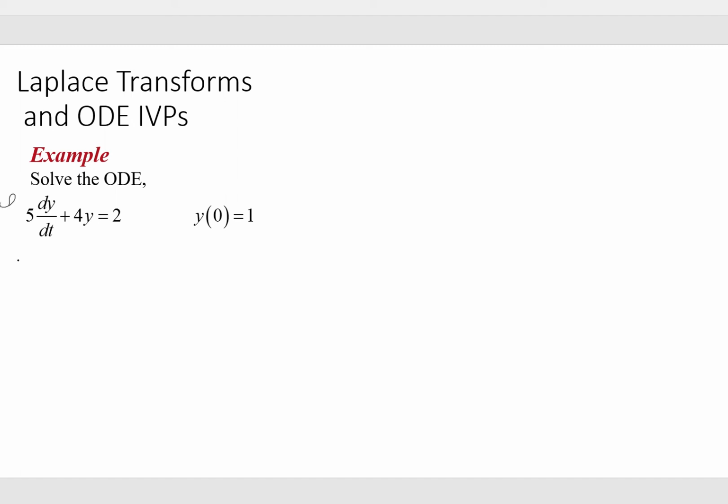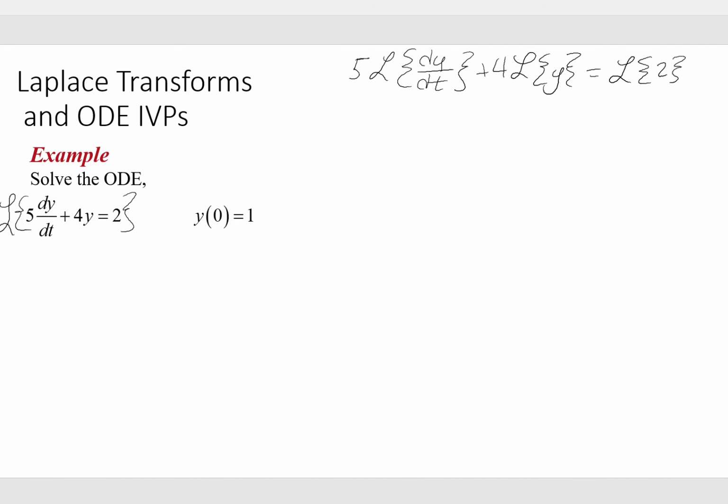We'll take the Laplace transform of this whole ODE, and by applying the linearity property, we'll have 5 times the Laplace transform of dy/dt, plus 4 times the Laplace transform of y is equal to the Laplace transform of 2.